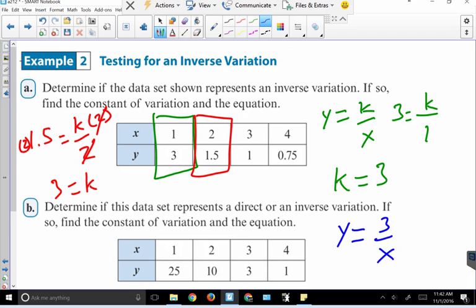Yes. If I put in 3, what's 3 over 3? Is 3 over 3 the same as 1? Yes. If I put in 4 down here, 3 over 4, is 3 over 4 that? Is 3 over 4 .75? 3/4 is how much money? 75 cents.